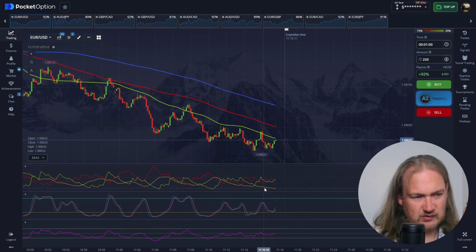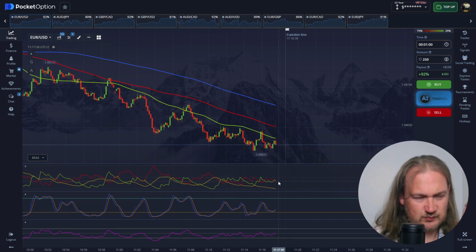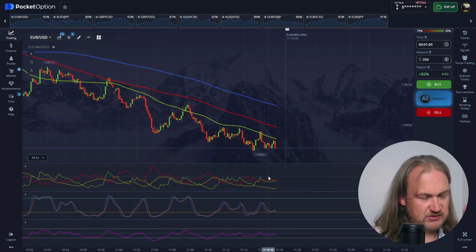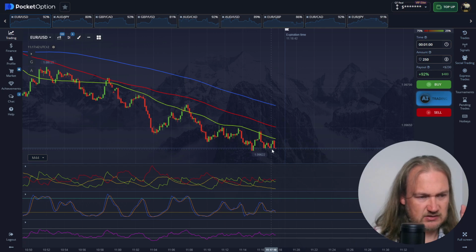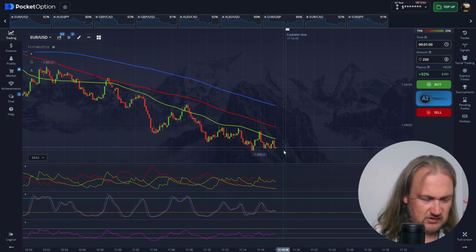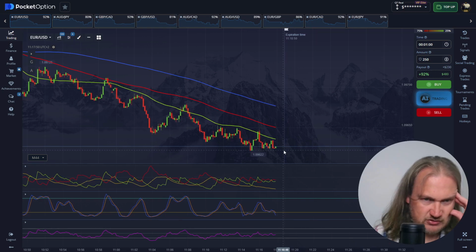We've got to wait and see what happens. And usually the market will tell you what it's about to do. You just need to keep an eye out and identify the signals. Another reason why I love divergence so much.